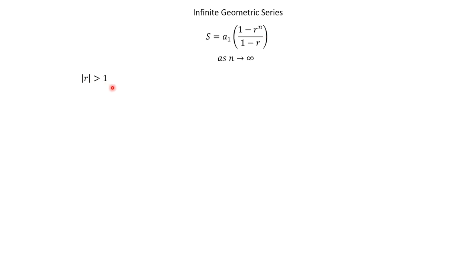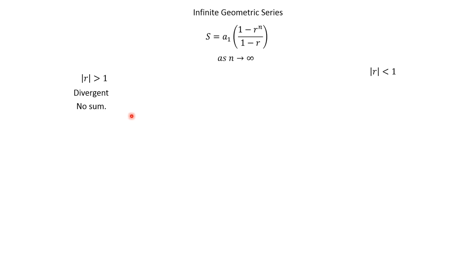Either the absolute value of r is bigger than 1, so it doesn't matter positive or negative, or the absolute value of r is less than 1. If it's bigger than 1, what happens when we take a number bigger than 1 and take it to really big powers? That number gets really, really big, and it's called divergent, and it does not have a sum.